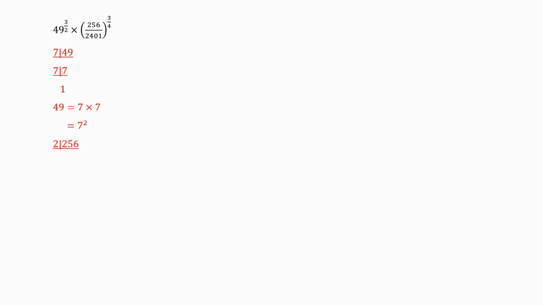The smallest divisor is 2. We obtain 128, divided by 2, 64, divided by 2, 32, divided by 2, 16, divided by 2, 8, by 2, 4, by 2, 2, and by 2, 1. Therefore, 256 is 2 raised to power 8.